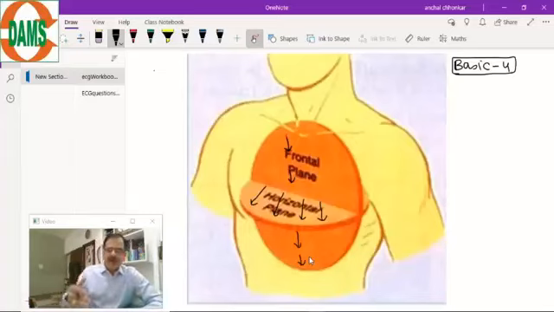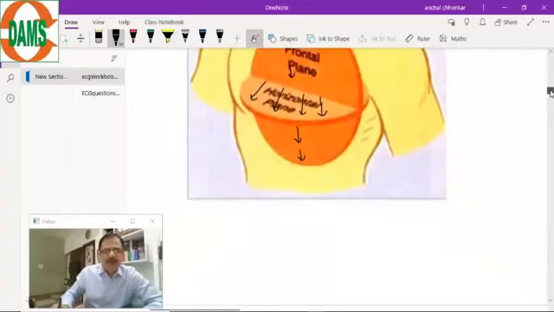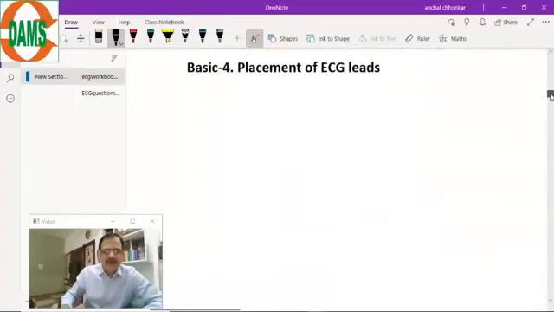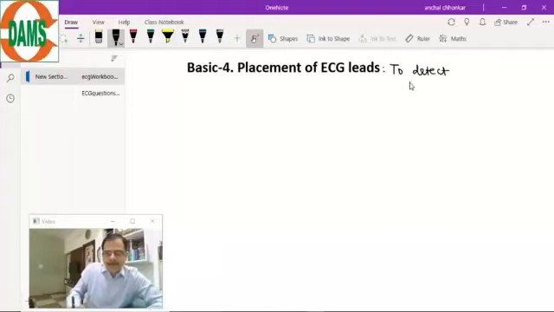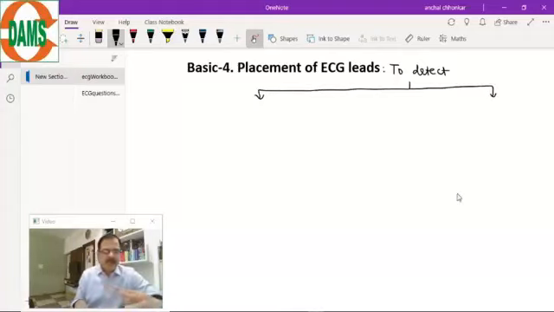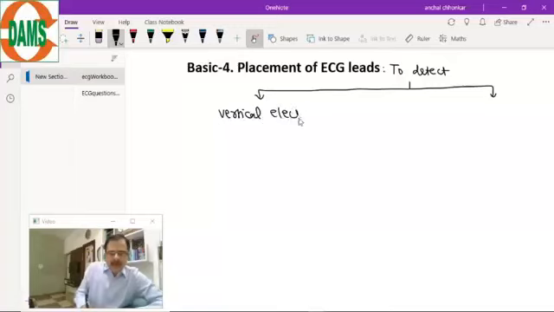So starting with basic number 4, the placement of the ECG leads. This you can write down. In the diagram we have understood the current is traveling in various planes.